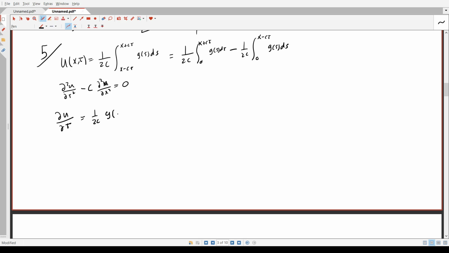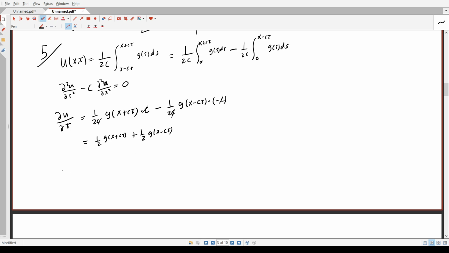This is going to be g of x plus ct, and then I need to multiply by the derivative of what's on the inside, c, minus 1 over 2c g of x minus ct times the derivative of what's on the inside, minus c. The c's cancel out in both of these, and then I have negative negative, so that becomes a plus. So this is just 1 half g of x plus ct plus 1 half g of x minus ct.